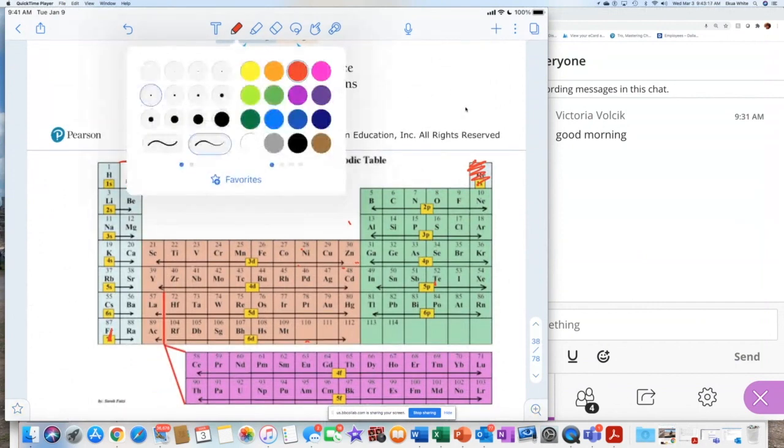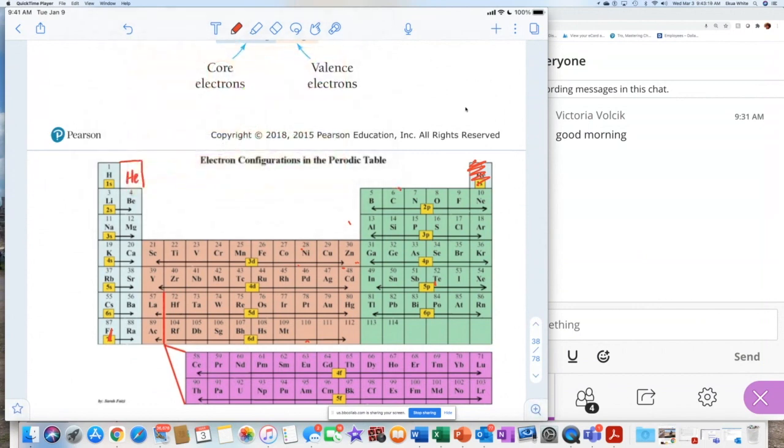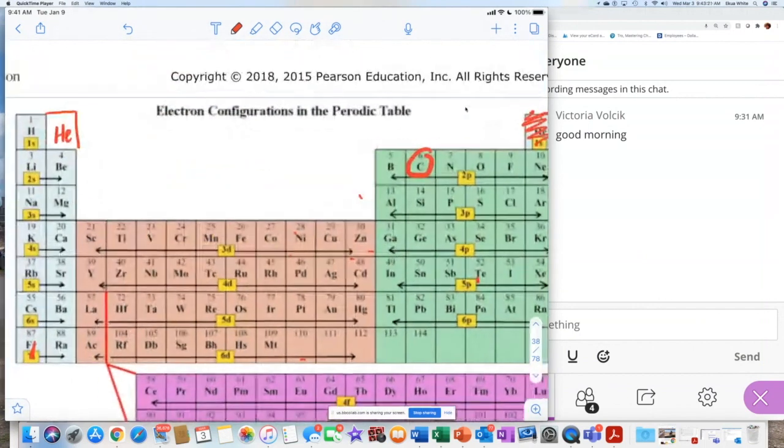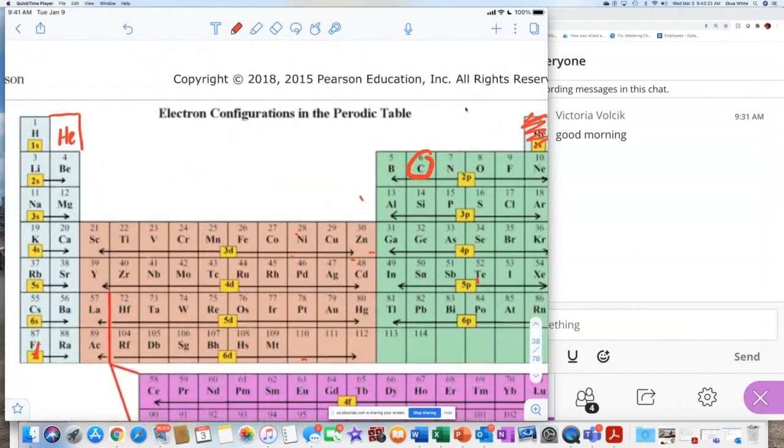We're trying to place the electrons in the element carbon. So remember, all first electrons go where hydrogen is. So this is the first electron, second electron. Now remember that even though helium is on the right, for this purpose, I'll move it left. It's okay to do that. 1, 2, 3, 4, 5, 6, right?